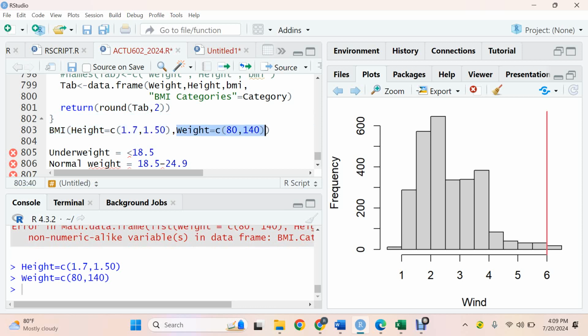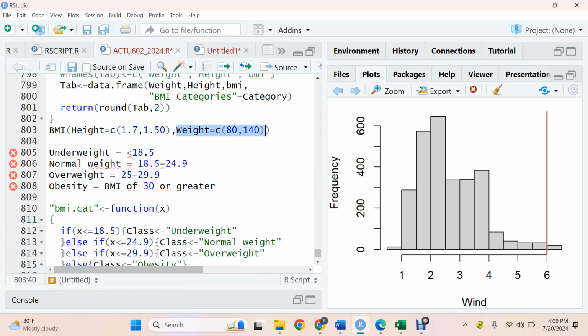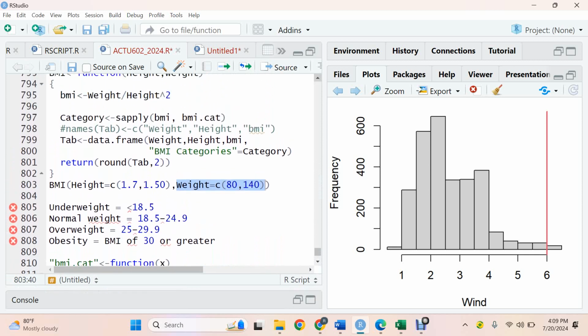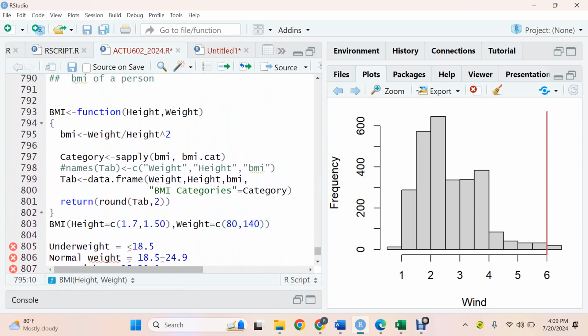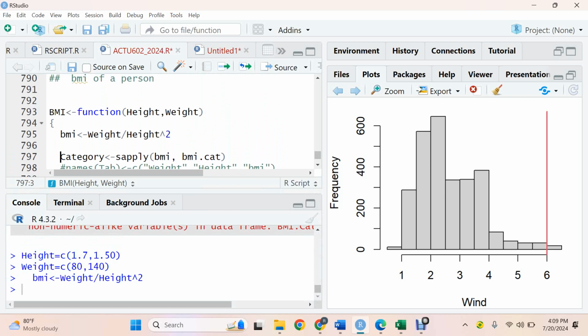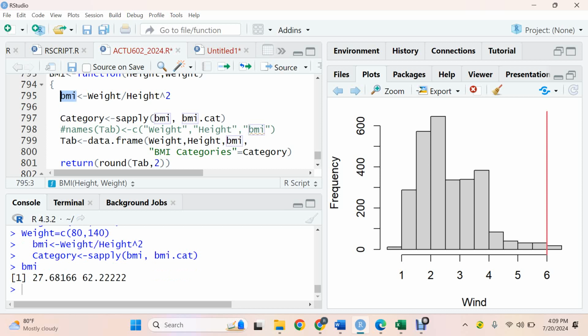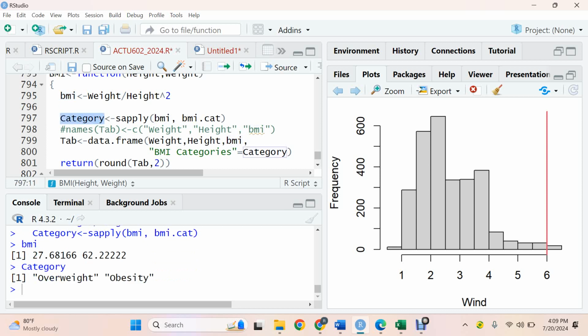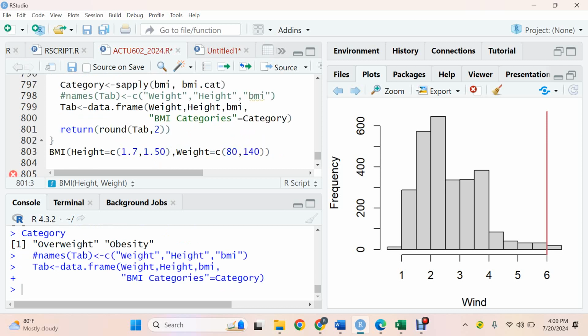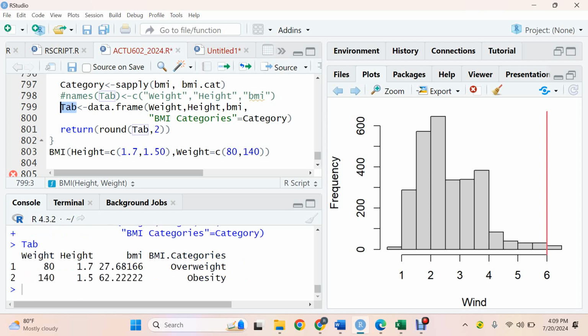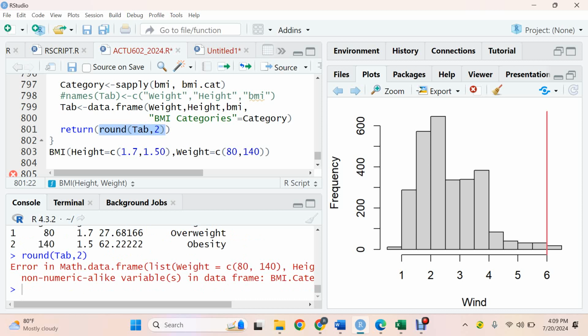Okay, so I want to run it here. So I calculate my BMI. I calculate this, it worked. So let's see, BMI is this, and then the category, yeah, overweight, and then we do this, the tab, it worked. I think it's a problem with the round.